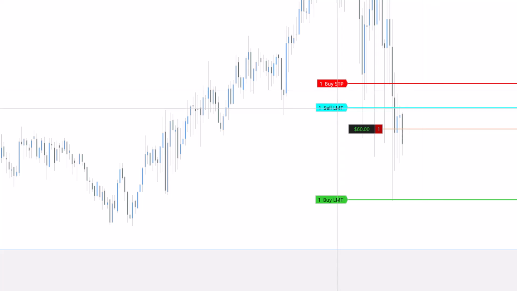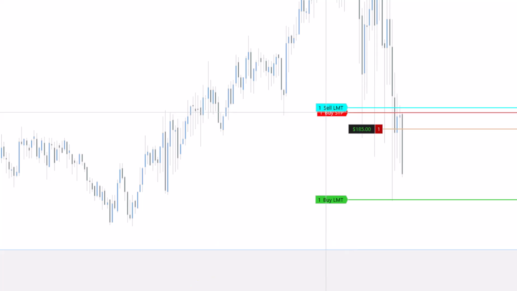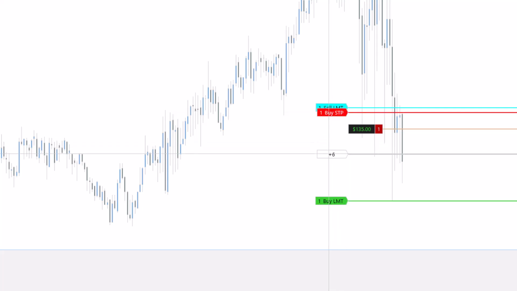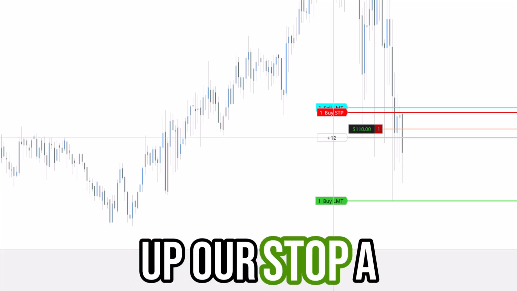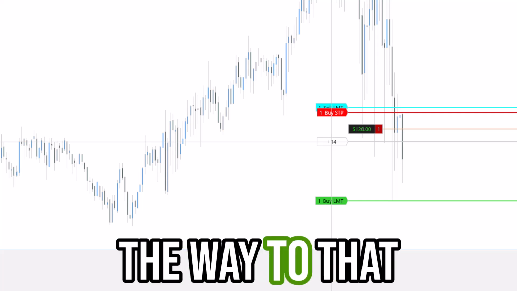Okay, we're liking that movement. Just going to move up our stop a little bit. Don't like that price did not continue all the way to that sell side.